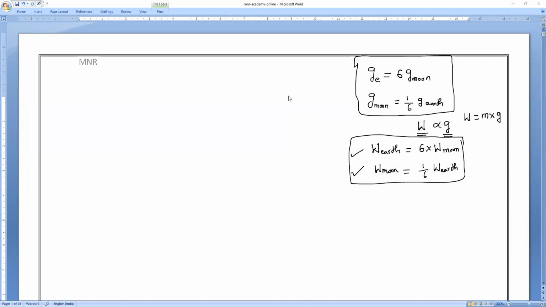So now, you can see, suppose this is the Earth and this is the Moon, and there is an object falling from a certain height, h. The height is the same on the surface of the Earth and the surface of the Moon.